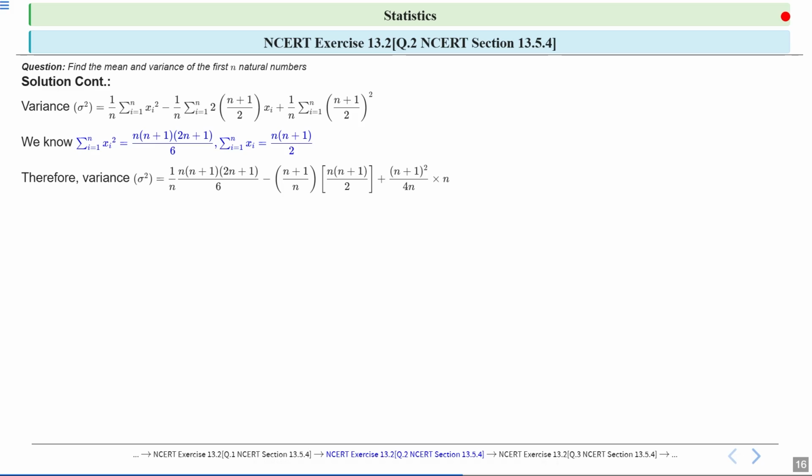Now let's simplify this. After simplifying, the variance becomes sigma square equal to (n plus 1) times (2n plus 1) divided by 6, minus (n plus 1) whole square divided by 2, plus (n plus 1) whole square divided by 4. Let's combine the last two terms. We get sigma square equal to (n plus 1) times (2n plus 1) divided by 6, minus (n plus 1) whole square divided by 4.